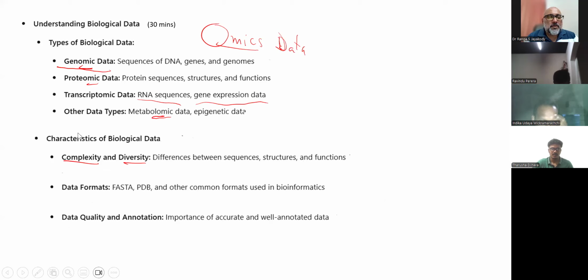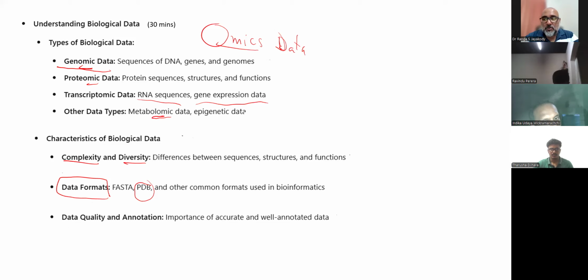Yeah, the omics data. And then we want to talk about the data formats in bioinformatics, because when we store data, there should be a consistent way of storing biological data, right? For example, genetic data is stored in a particular way, and protein structure data is stored in a particular way. We'll have a look at maybe a protein structure file, and then see what the data format is.